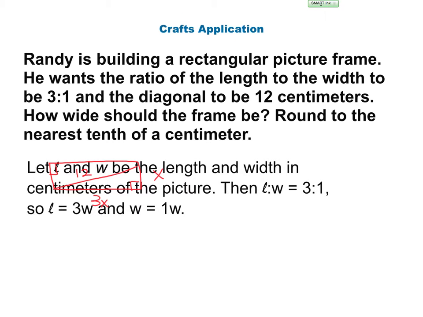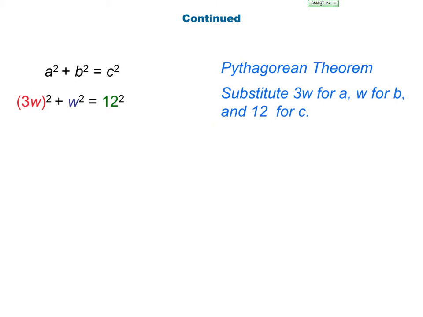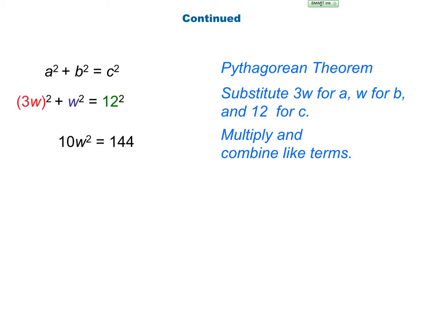I think I used W maybe in what I did. So we get 9w squared plus another w squared. That would be 10. You got 10x squared maybe equals 144.